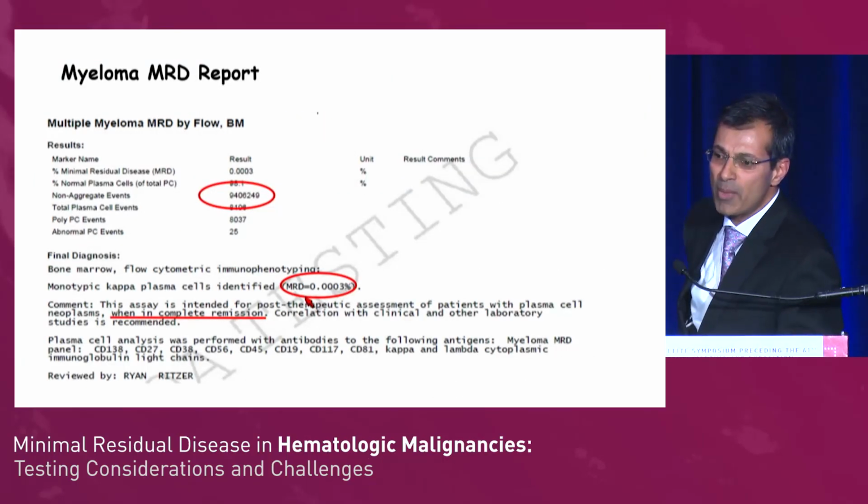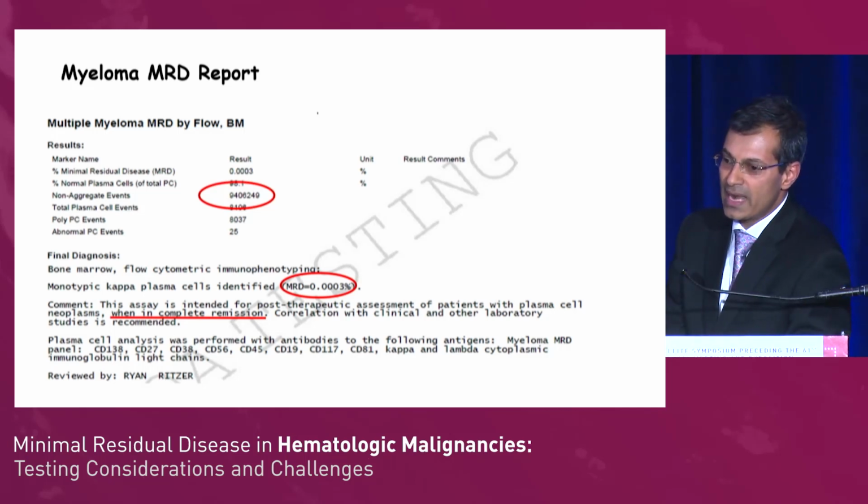And this is how MRD is reported at my institution with flow cytometry using this technique with a sensitivity of 10 to the power minus 5. As you can see, this patient had an MRD level of 0.003%.